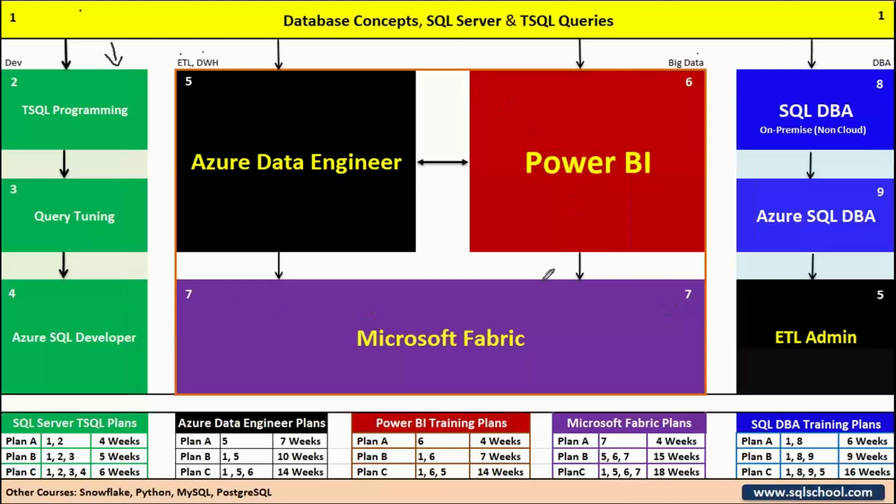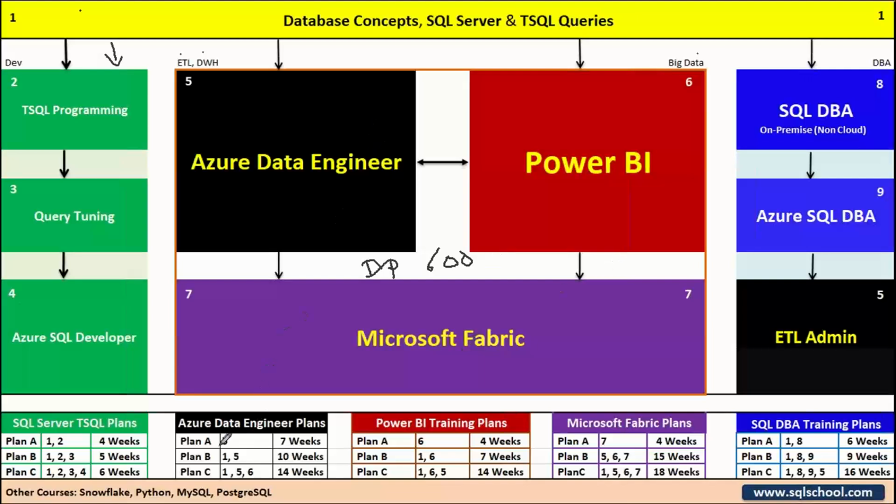There is a combination certificate for all 5, 6, 7 called DP600. This is a certification number. DP600 requires data engineering skill set and Power BI skill set together, Fabric.